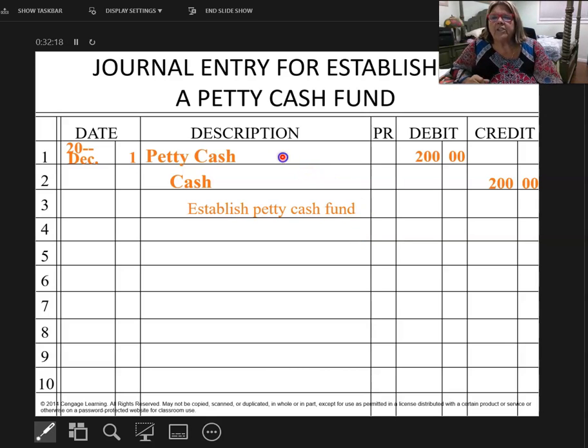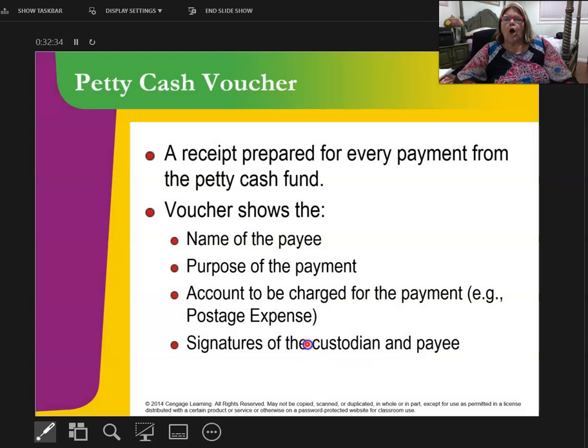Now, let me explain to you that never again will you touch this petty cash account unless the amount of 200 is not enough or too much. So remember, 2 journal entries. The next one is going to be replenish. All during the month, I'm going to give money to go down to buy stamps at the post office, office supplies, maybe pick up some other things we need, who knows.